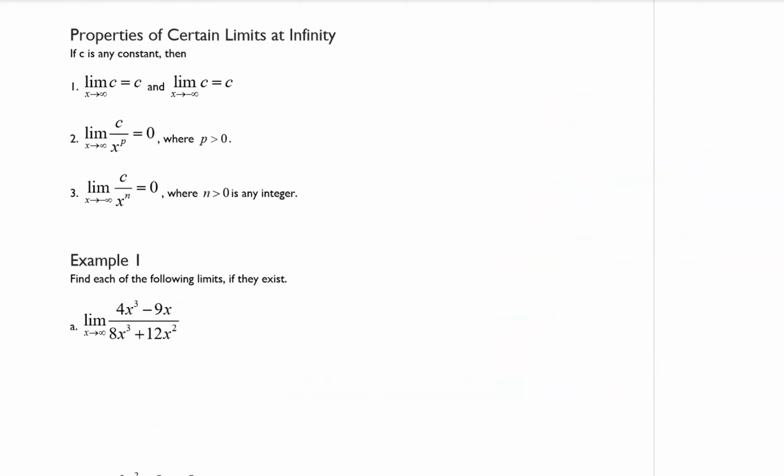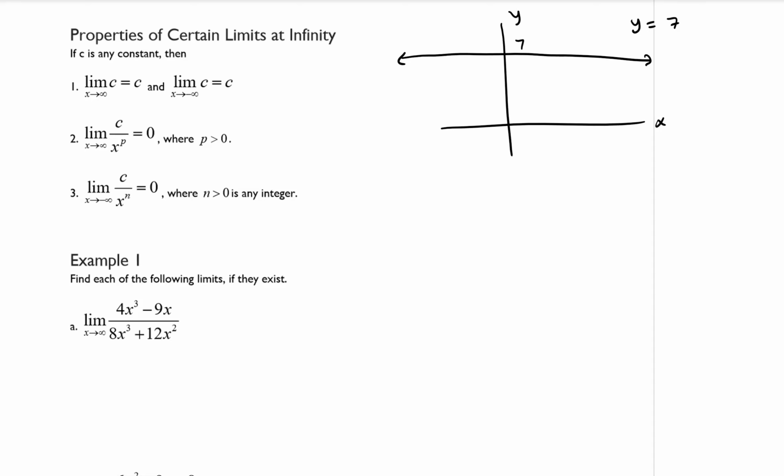Before we calculate some more limits, let's discuss properties of certain limits at infinity. If c is any constant, then the limit as x approaches infinity and the limit as x approaches negative infinity of that constant is just going to equal that constant. Basically all that's saying is, if you had something like y equals 7, the graph of that is just a horizontal line that intersects the point (0, 7).